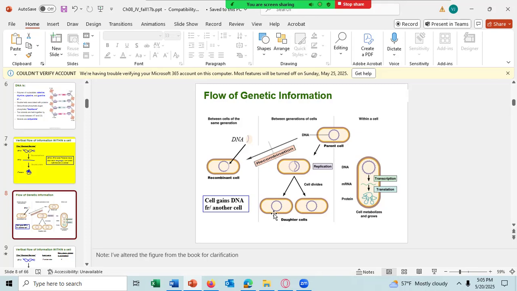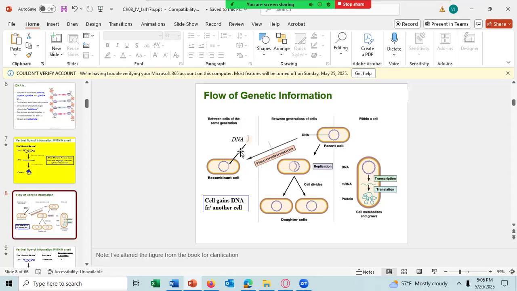That's the flow of information between generations of cells. You can also look at the flow of information between cells of the same generation. And I've broken the chart here because I didn't like the way it was going. The DNA flows out of one cell, and then you have naked DNA outside the cell.